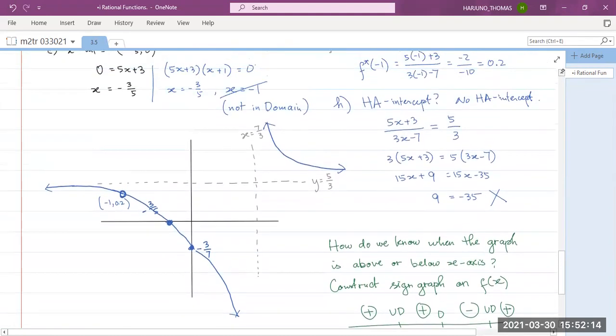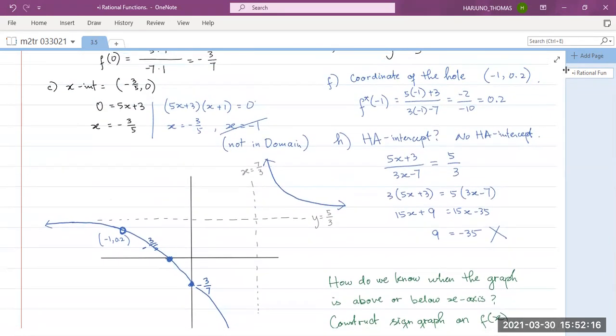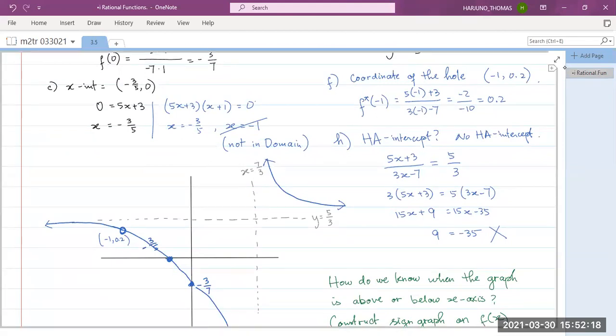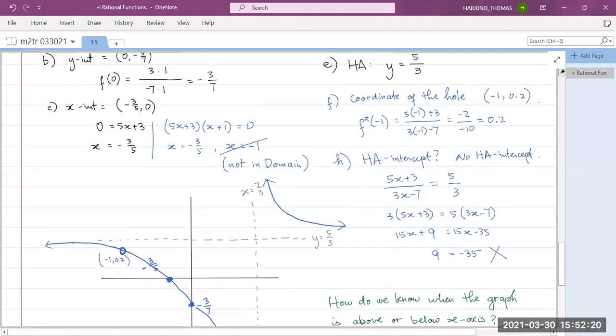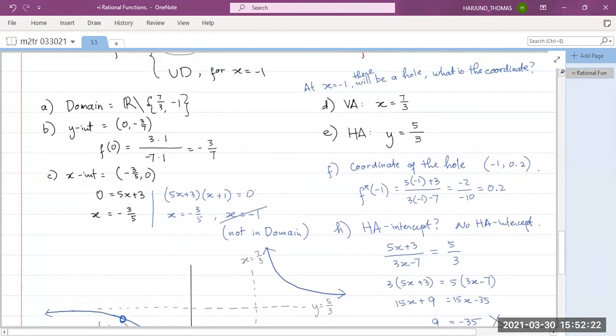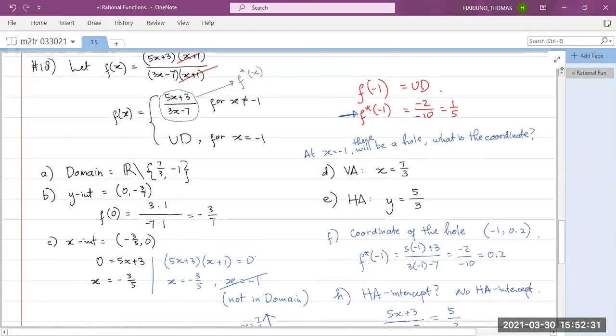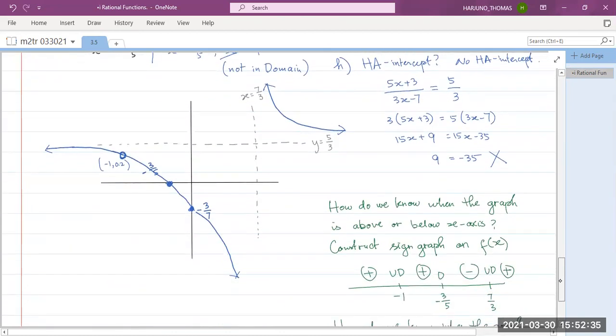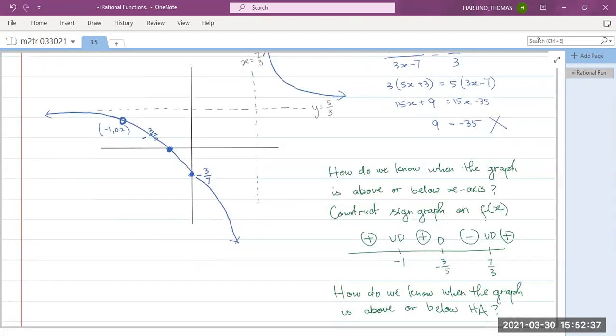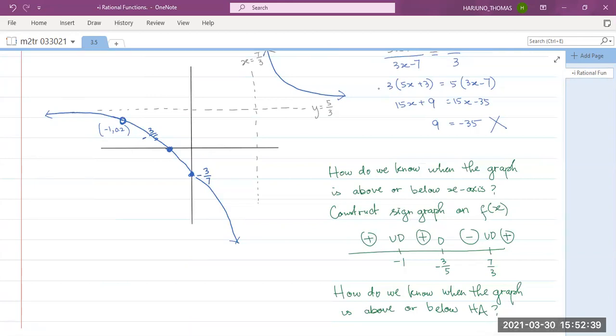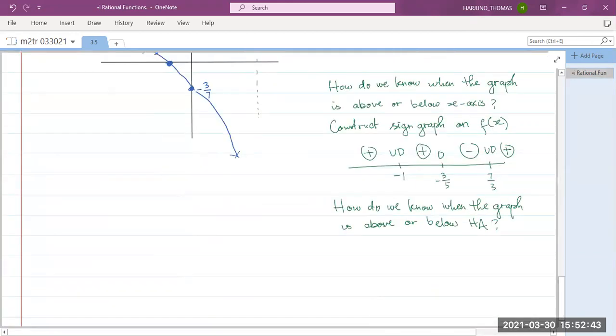Is it 3/7? Negative 3/7 is the y-intercept, but the vertical asymptote is 7/3. Now then, how do we know if the graph is above or below the horizontal asymptote?